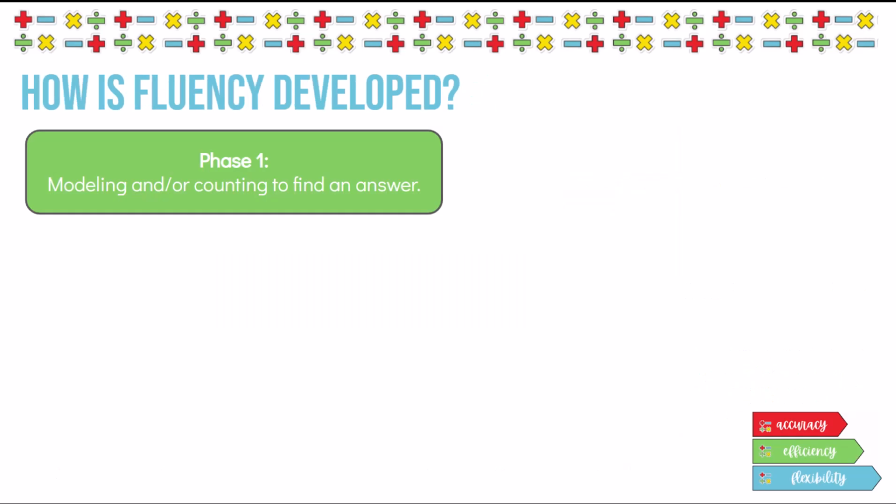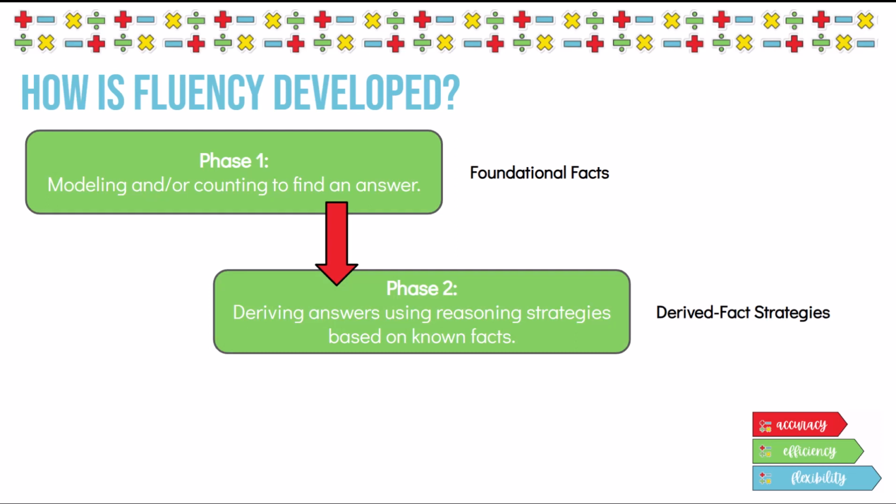So how is fluency developed? Students develop fluency as they progress through 3 developmental phases. The first phase is known as foundational facts. This is where students are modeling and or counting to find an answer. After they've acquired their foundational facts, they go into our second phase known as derived-fact strategies.